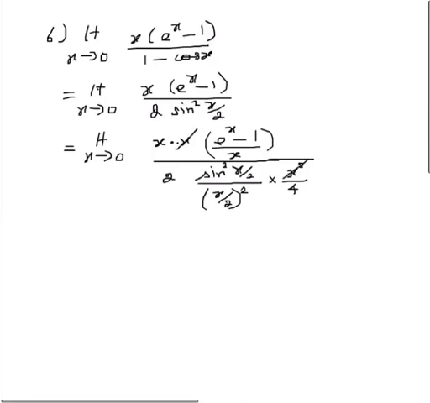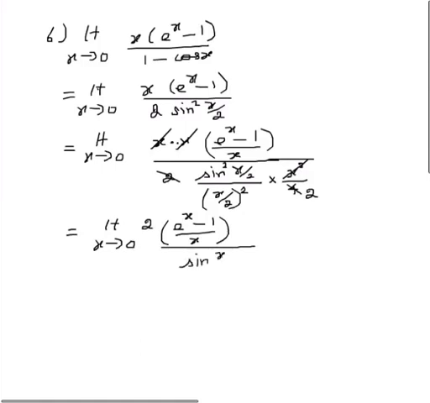Now this x square and this x square are getting cancelled. Limit x tending to 0 of e raised to x minus 1 divided by x. Let us simplify this. 2 is getting cancelled, and that 2, write the reciprocal of half, which is 2, divided by, the denominator can be written as sine x by 2 divided by x by 2 the whole square.